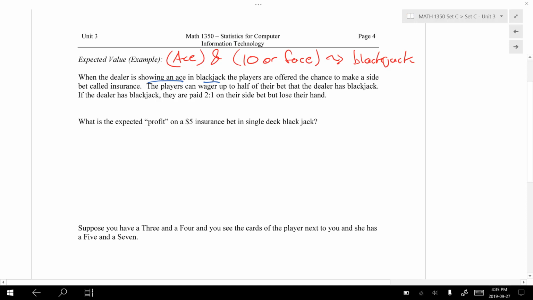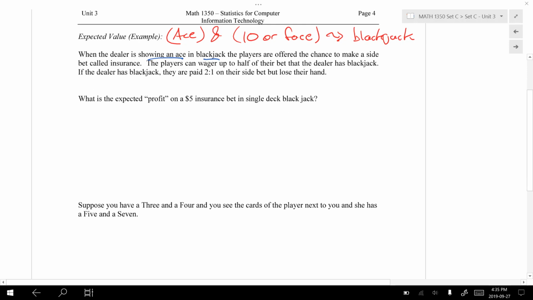But the players are offered the chance to make a side bet called insurance. One can wager up to half of your bet that the dealer has blackjack. And so if the dealer does in fact have blackjack, even though you lose the main bet, this side bet may pay you out at a rate of 2 to 1.